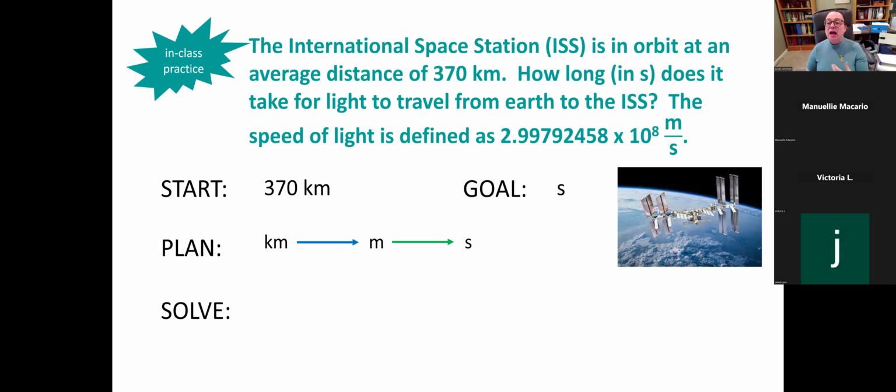So speed is a great connection between a distance and a time, between a very specific unit of distance and a very specific unit of time that may or may not be the ones that you have in the problem. So in this case, we had to get our distance into the right units, meters, so that we can use our speed. So let's write down again underneath, just to keep our pattern going, what those conversions are. So 1 kilometer equals 10 to the 3 meters. That's by definition what that prefix means. The kilo prefix means 10 to the third. So 1 kilometer is 10 to the 3 meters.